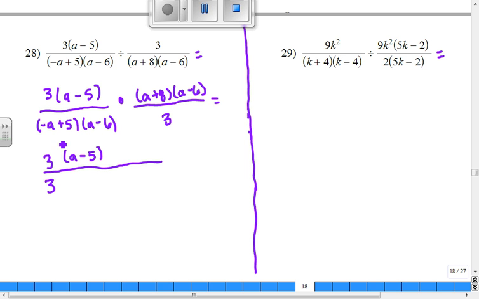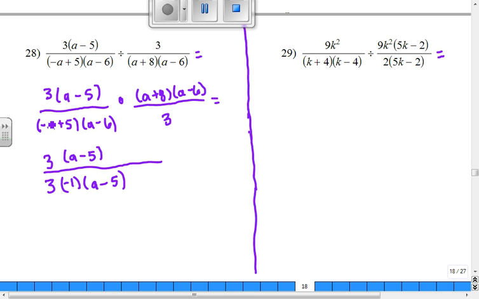Now on the bottom, well, I know that this is negative 1 times a minus 5. I just factored out a negative 1.